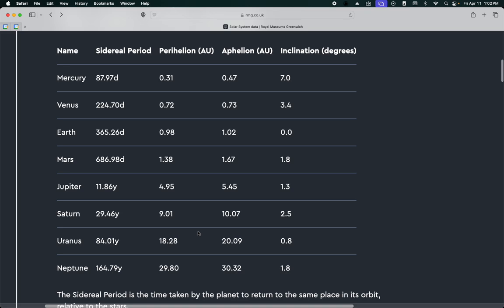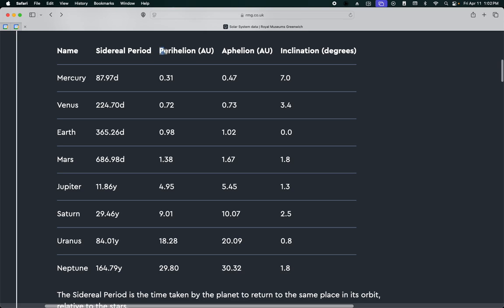I've never heard those used. I always thought it was apoapsis and periapsis, right? In general, they're the same. So what does the suffix helion refer to? Helios is Greek for the sun.